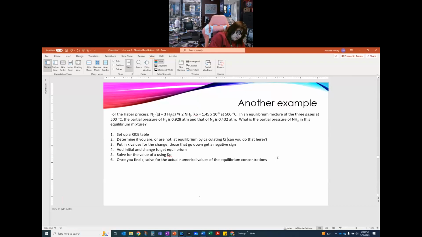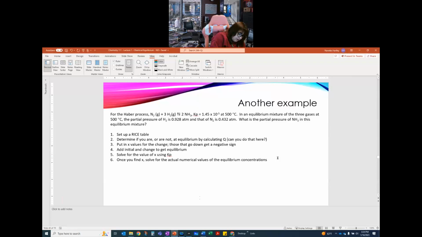I also know that the N2 and the H2 have values. So the pressure squared for the NH3 is over the N2, which is 0.432, times the H2, 0.928, and that's cubed.